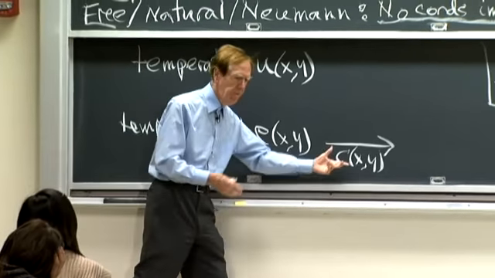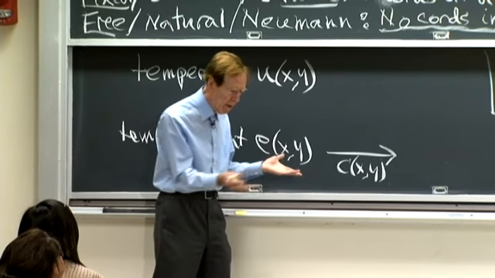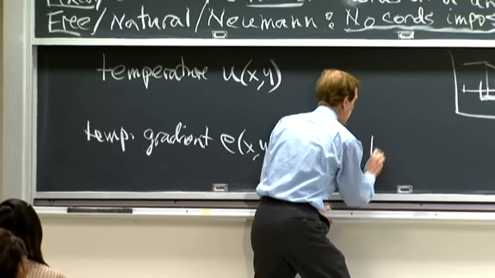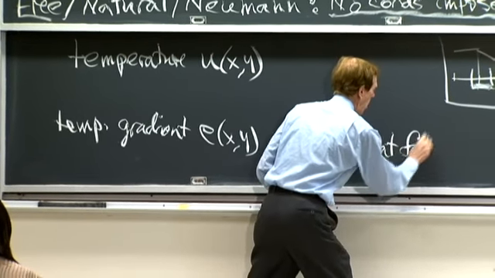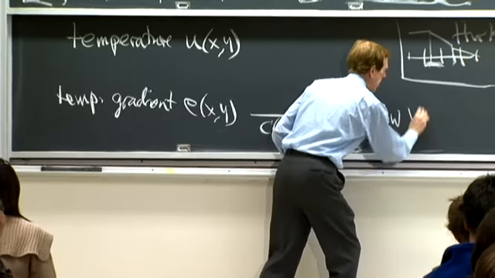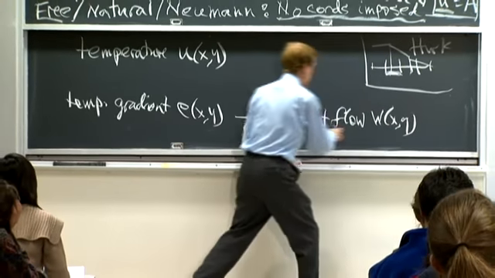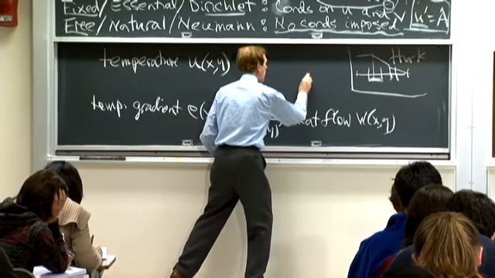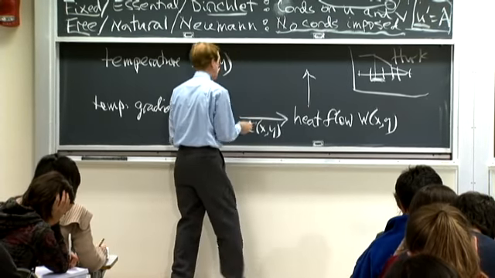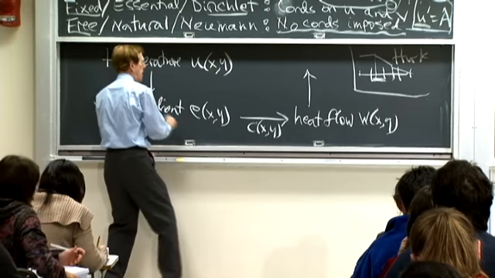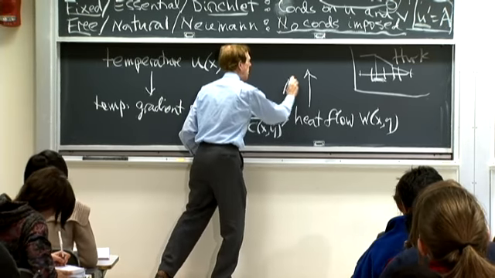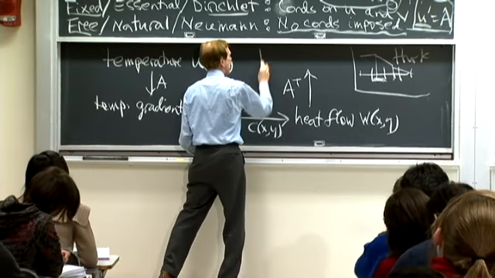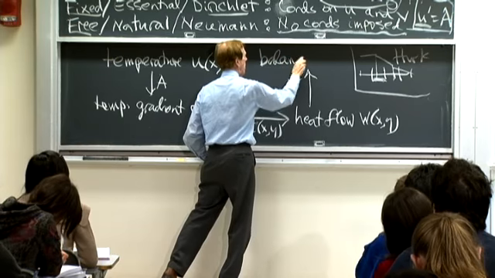Then I should have some physical thermal conductivity, different for different metals or different materials. And I'll have a heat flow, W of x and y. And everybody knows that W will be C times E. And then there will be some A transpose, so of course there'll be some A transpose here and some A here. And up here I'll have a balance equation.